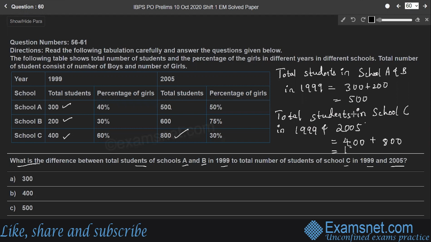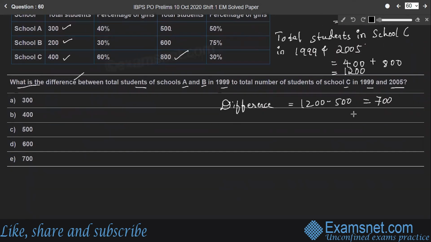So together, there are 1200 students in school C. So we have to find the difference between them. Therefore, the difference is 1200 minus 500, which is 700. Therefore, option E is the right answer.